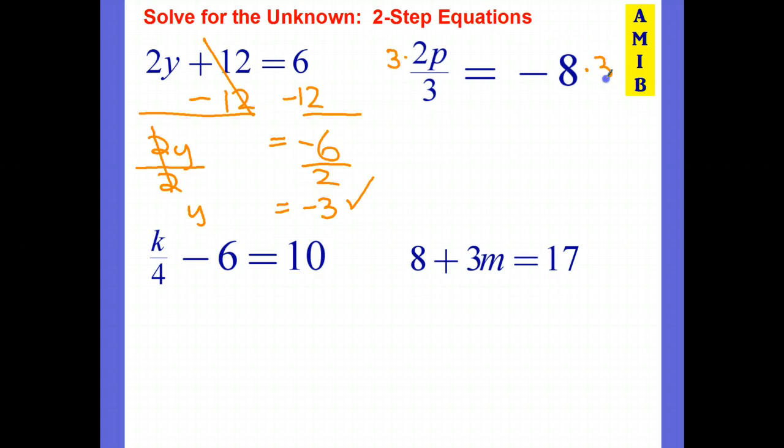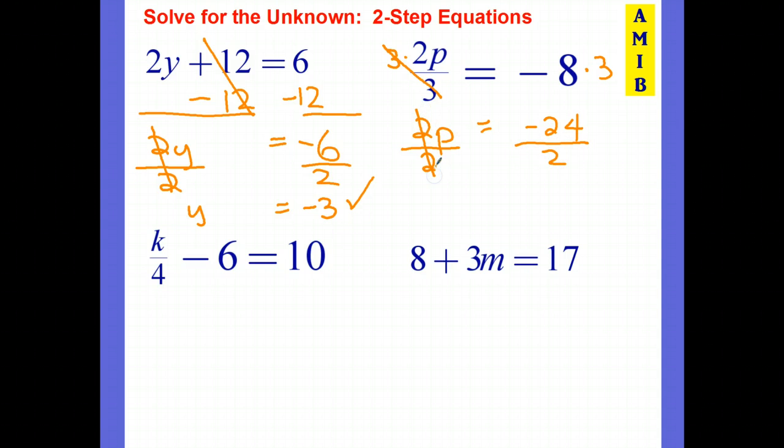I'm going to use the dot for multiplying because the times sign might look a little too much like the letter x. So 3 divided by 3 is equal to 1, and 1 times 2p is just 2p. Negative 8 times 3 is negative 24. We now have a one-step equation. The opposite of multiplying by 2 is dividing by 2.